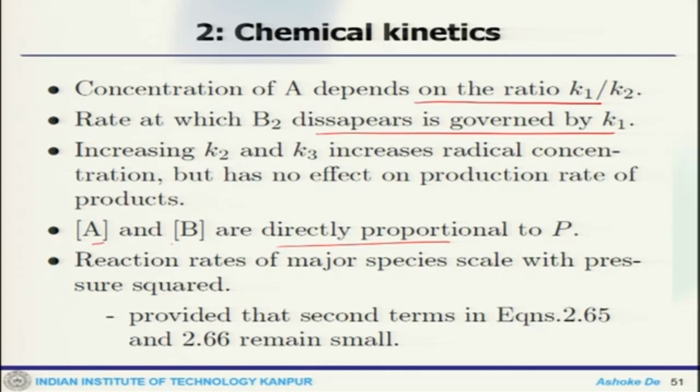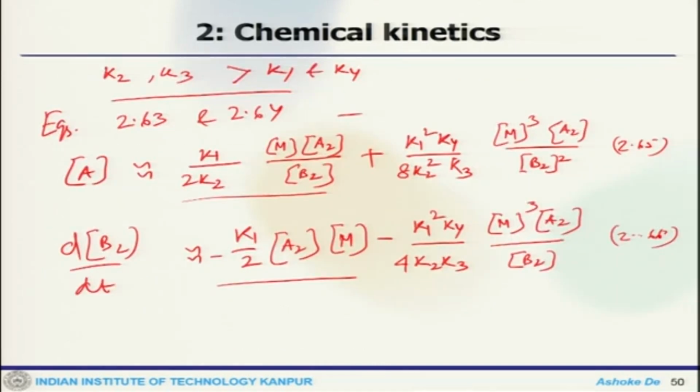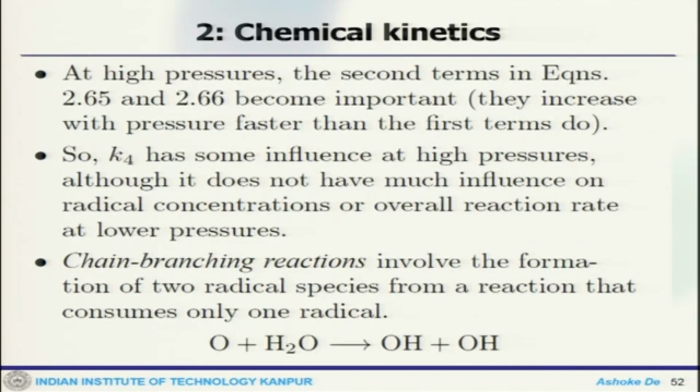Provided the second terms in these two equations are small. But at high pressure those two terms become quite important, because they increase with pressure faster than the first term does. So, K4 has some influence at high pressure, but not at low pressure.